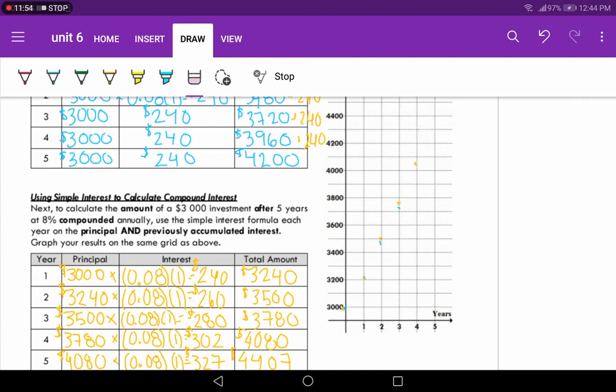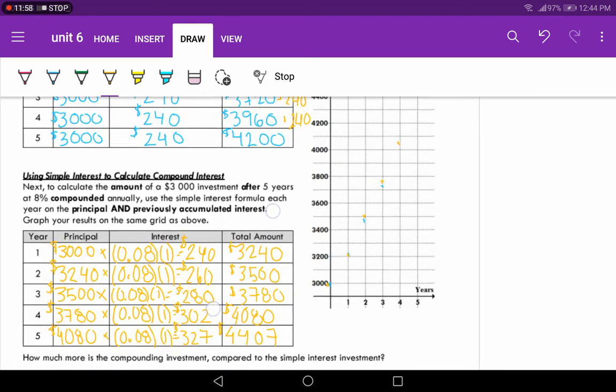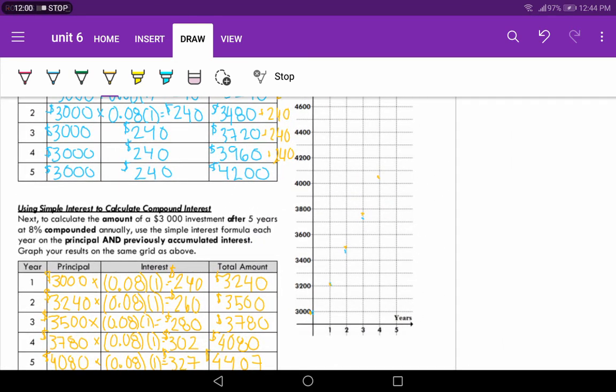I'll fix the last one in a second. And after 5 years, I'm at 4,407. So somewhere in here. And let me just go back. Guys, I missed. So year 4 was 3,960. So that is just under 4,000. And year 5 is 4,407. So it should look something like that.